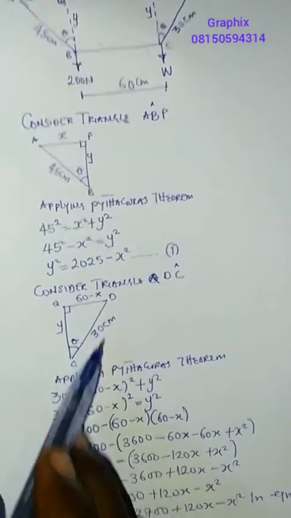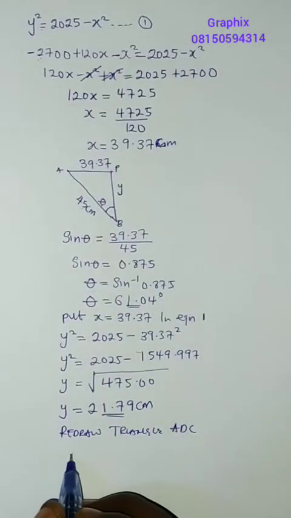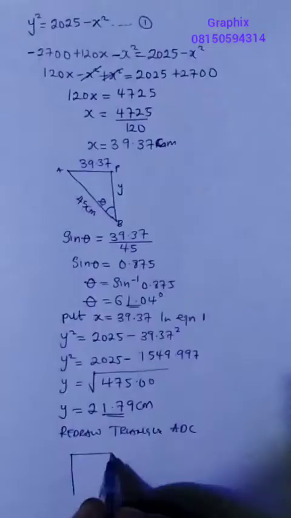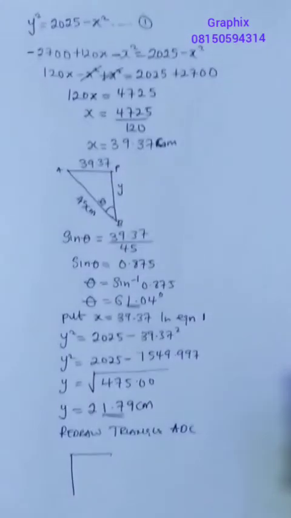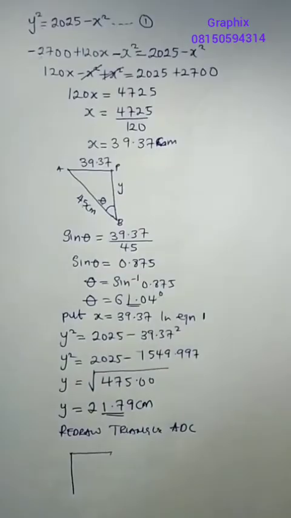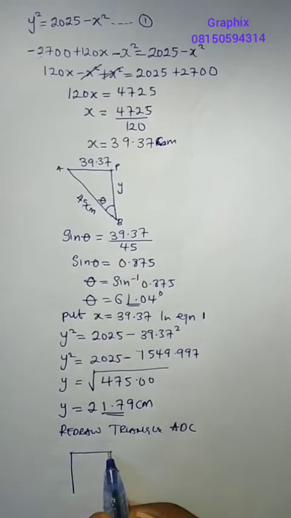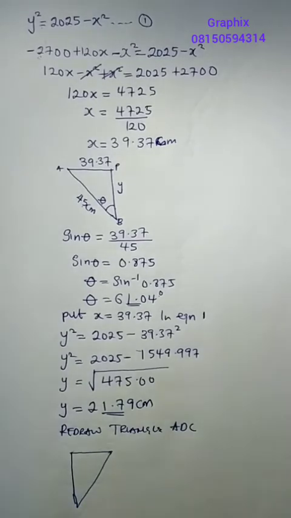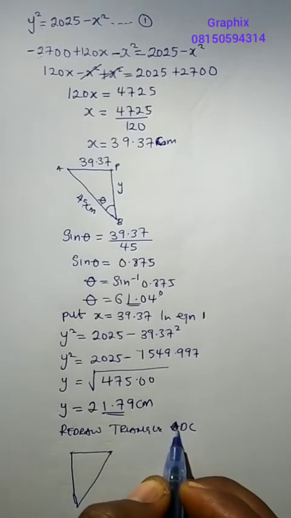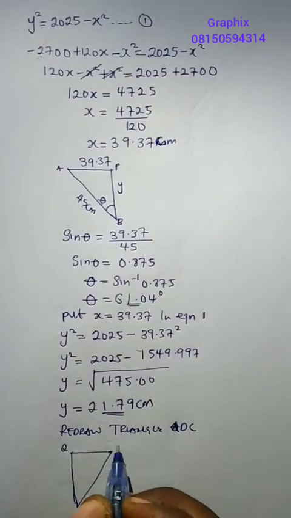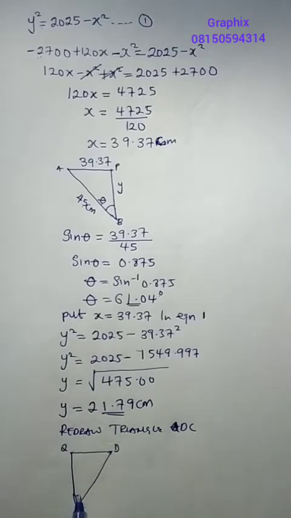We're drawing this, so we'll be having this guy this way. So this is not A, this is Q. So we have Q, D, C. The angle here is theta.